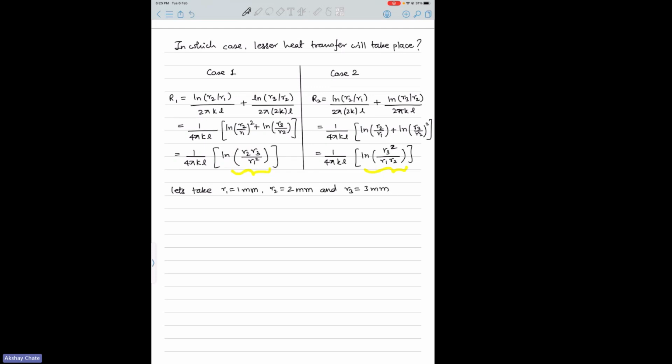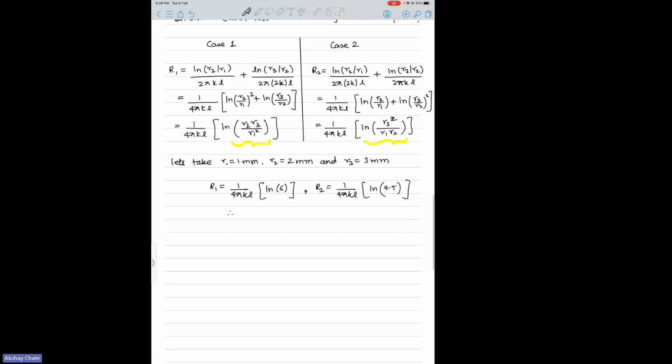To avoid that, the simple way, if you get such problems in any exam or interview, you can do this trick. So now, if it is like that, then R1 will be 1 by 4 pi k L ln R2 R3 will be 6 and R1 square is 1, and R2 is same 1 by 4 pi k L, same thing, log of R3 square is 9 divided by R1 R2 is 2, so 4.5.